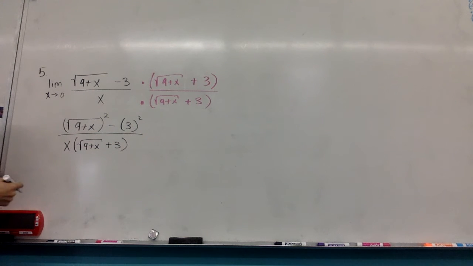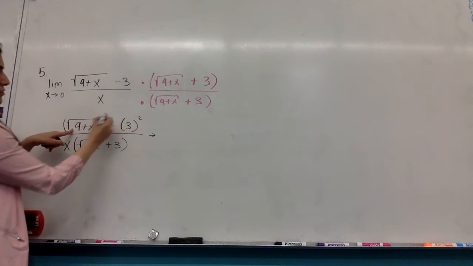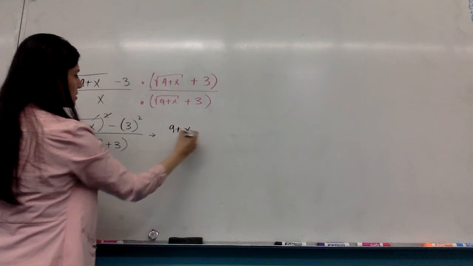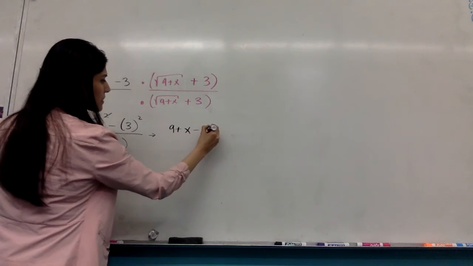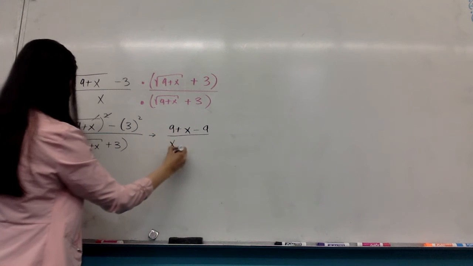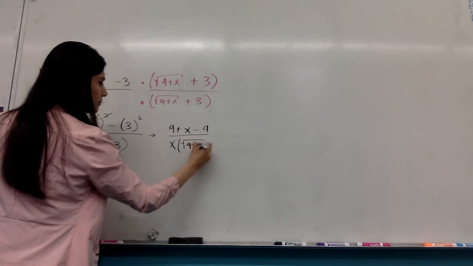So now we have this, and then we're going to go ahead and simplify. The square gets rid of the square root, that cancels, and I just have 9 plus x minus 3 squared, basically that's minus 9, all over x times that conjugate.